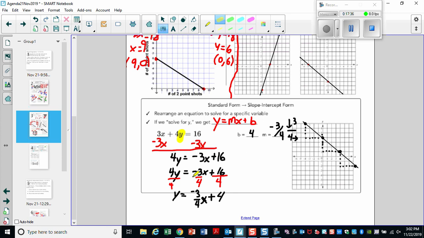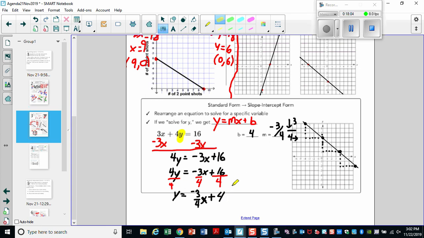I say each and every term because if we just put the single line over the 4, we will forget to divide one of the terms. And then you simplify each and every part. So for instance, 4y divided by 4, 4's cancel, you're left with y. Negative 3x divided by 4, leave it be. And positive 16 divided by 4 is 4.